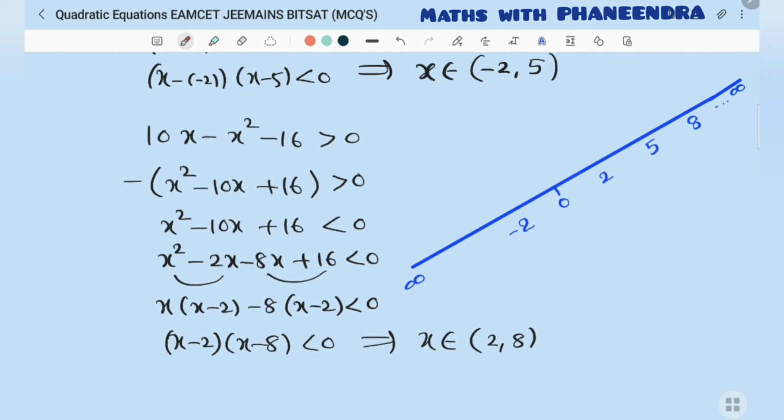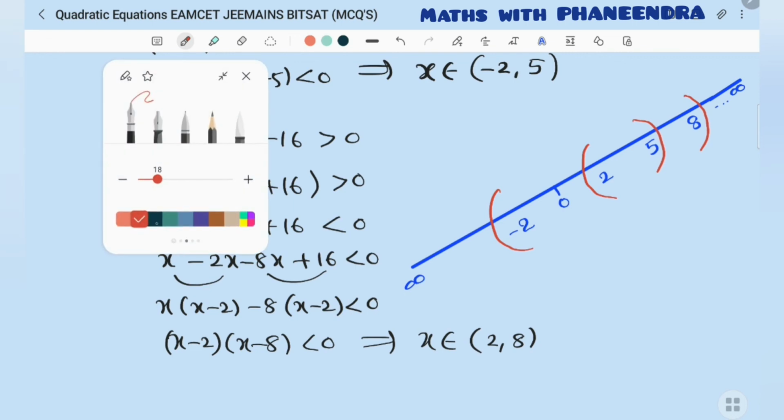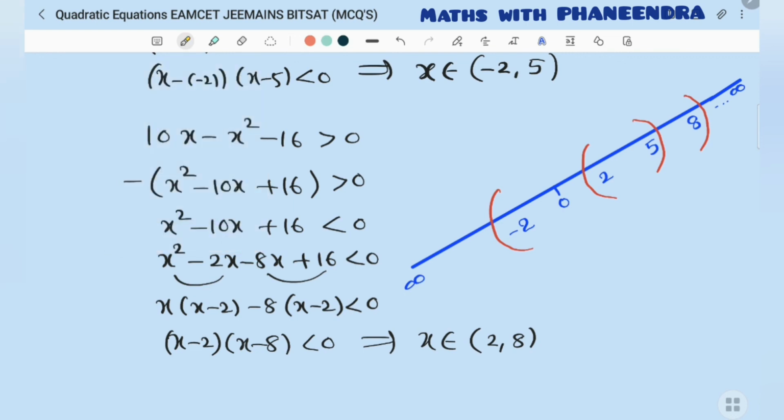So the first inequality holds for open interval of minus 2 to 5. The second inequality holds for open interval of 2 to 8. What is the common interval which we are observing from the figure? This is the common interval which we have. So in this interval, these two inequalities hold simultaneously.